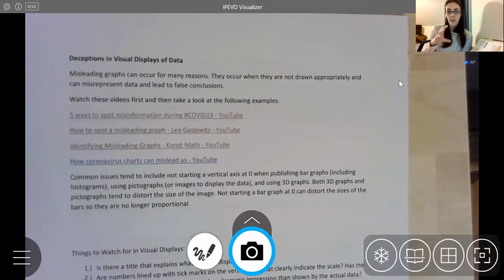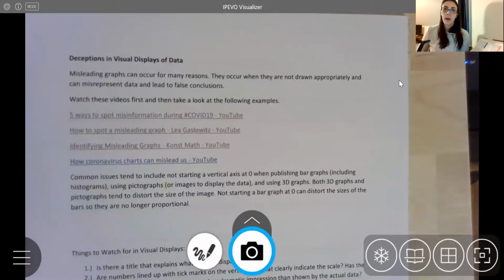If it doesn't, then the bars are distorted. They're not the right proportion to the data. So it is important that the bars, when you look at a histogram or a bar graph, represent the correct height visually compared to how much data is there. And a lot of times that's one of the most common ways to make a misleading graph, to kind of squish that y-axis so that the bars are no longer the correct height. So that's another big one.